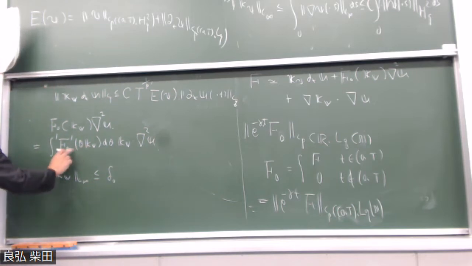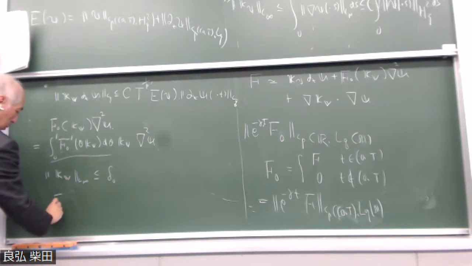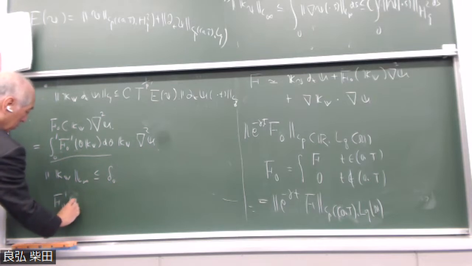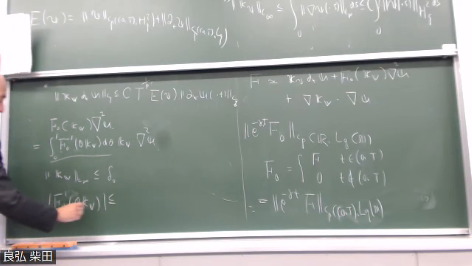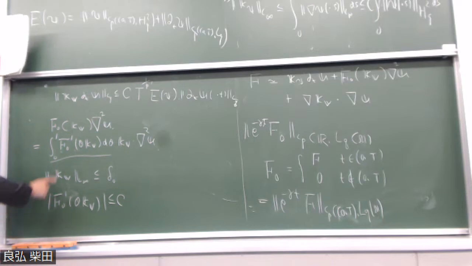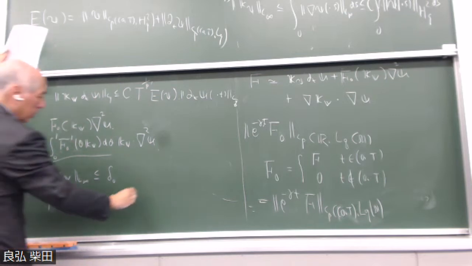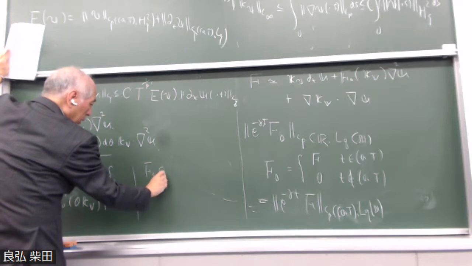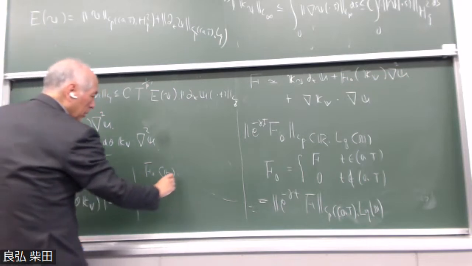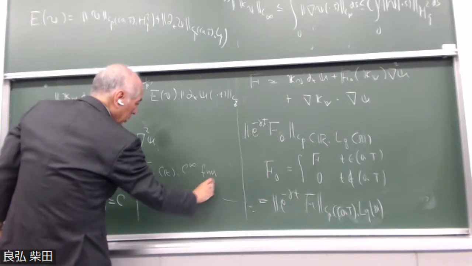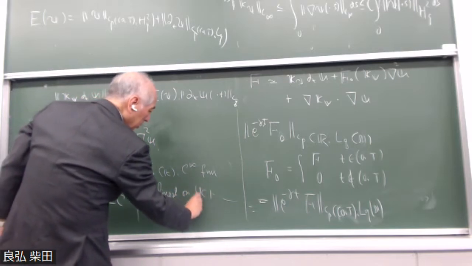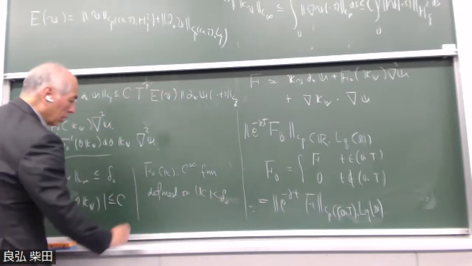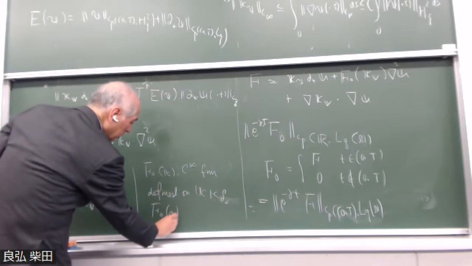So you may assume that this term is constant, because F0 is a function, a C infinity function defined on less than delta naught, and F0 of 0 is equal to 0.